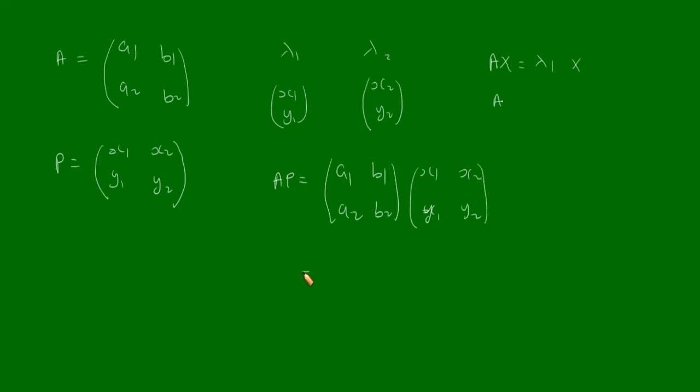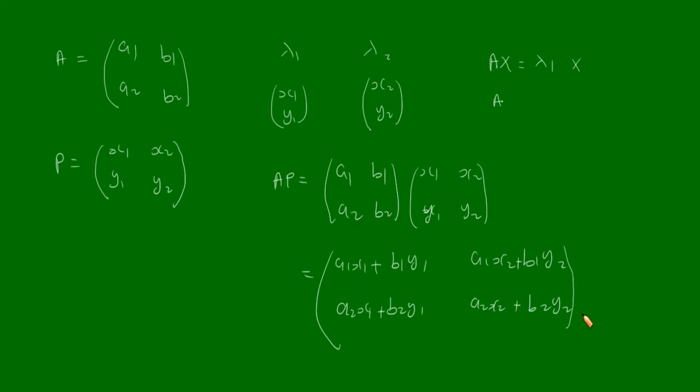If we multiply this, we will get first A1 x1 plus B1 y1, then A1 x2 plus B1 y2, A2 x1 plus B2 y1, A2 x2 plus B2 y2, just a matrix multiplication.